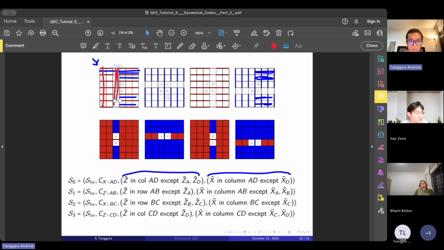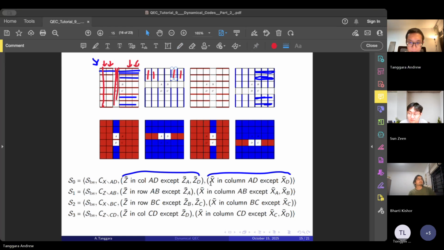So in this ISG, you're going to have these X stabilizers. Okay, not that one. So this one's right, because you get that from these rows where you have the X checks from the previous round.